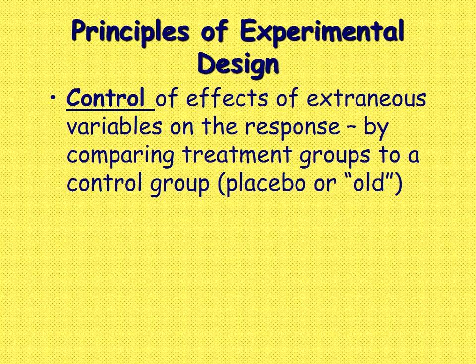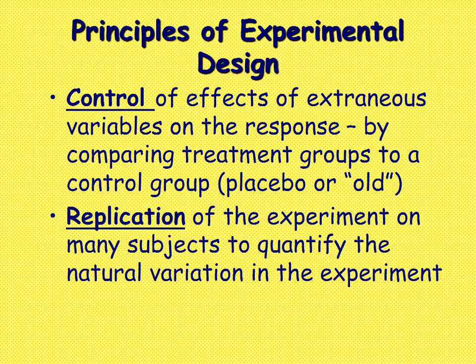So now, we've talked about these briefly. Our principles of experimental design, the control group, okay, controls for extraneous variables. Okay, we need someone to control to, either a placebo or an old treatment. We need replication. We need to have as many subjects as possible so we know that it's based on the treatment and not based on the subject themselves.